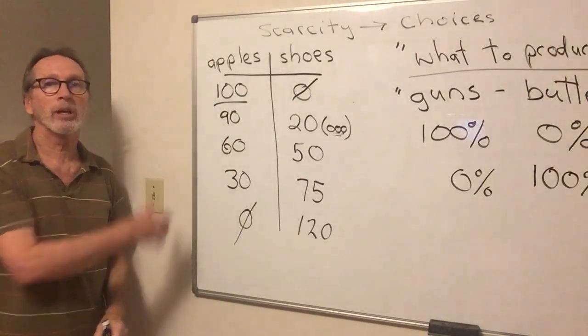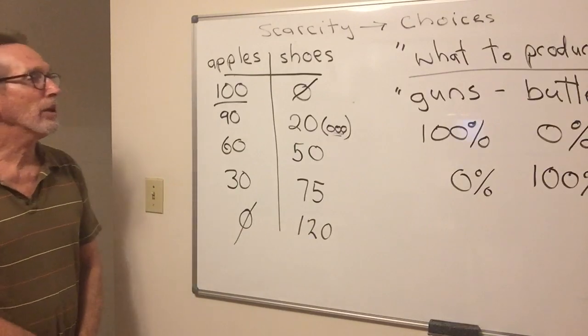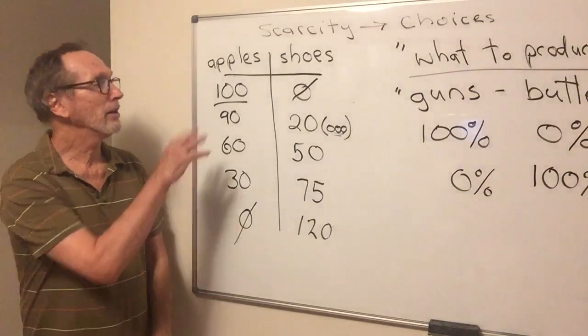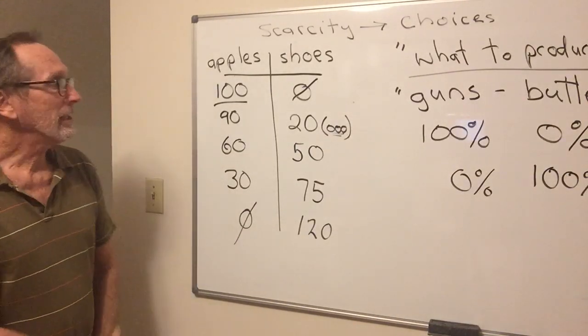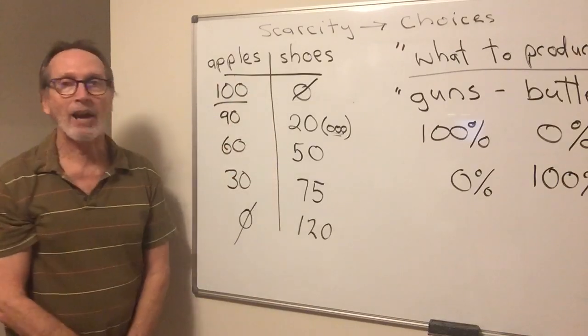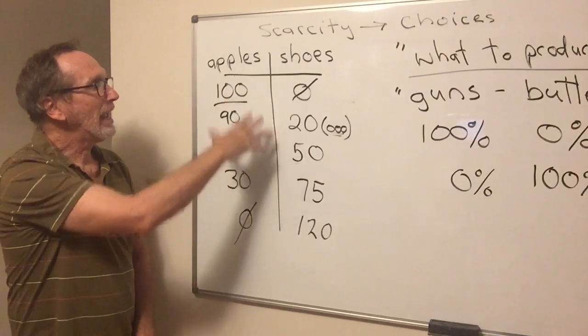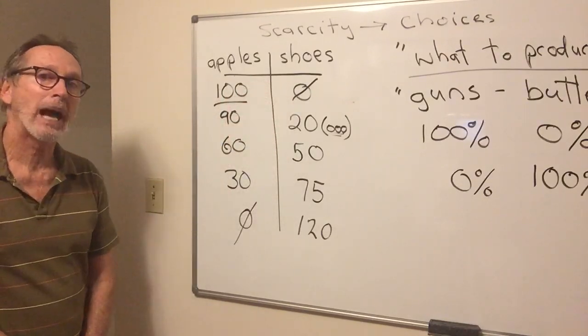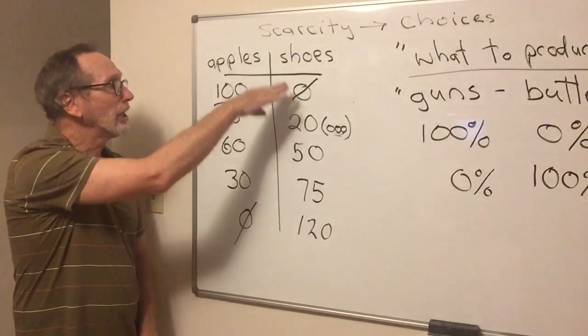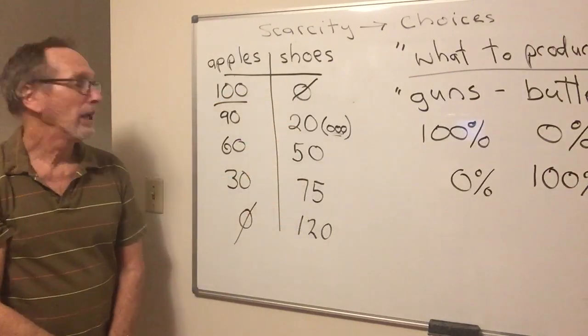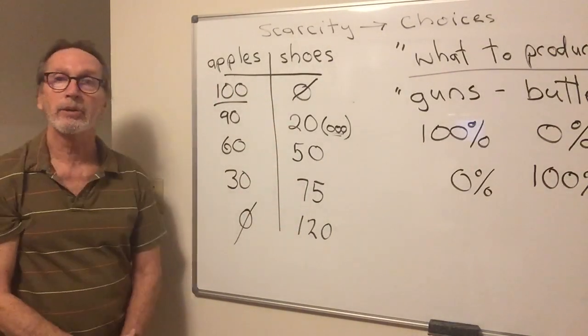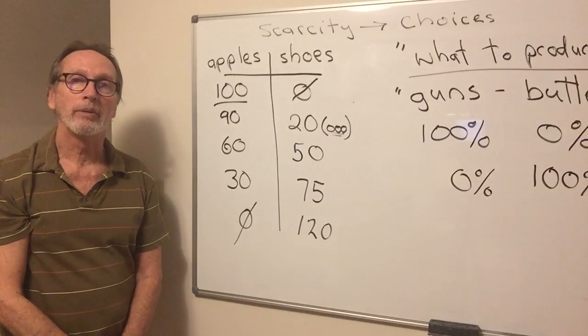So this is what we call a production schedule. And in our next video, we're going to graph this schedule out and see how the opportunity cost changes for each increase in one or the other. So we'll look at that in our next video.